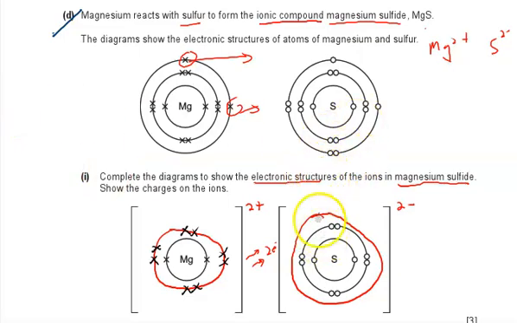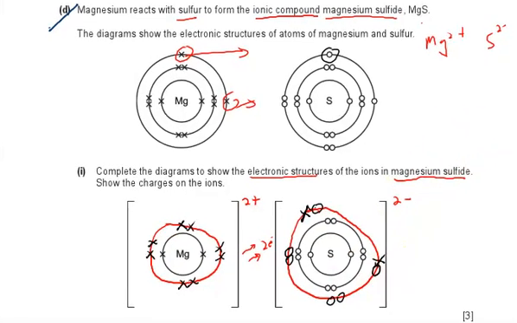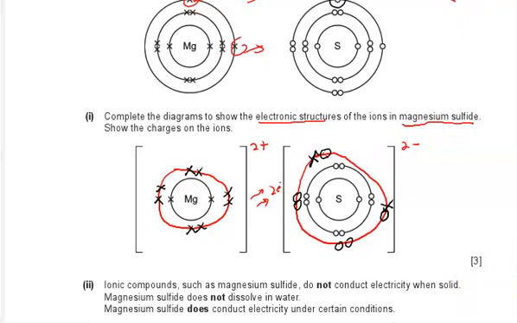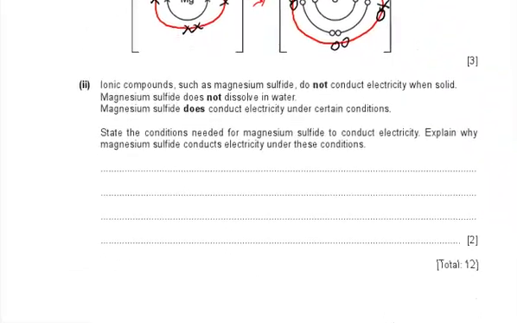Here will be 6 circles, 1 2 3 4 5 and 6, and you have a cross here and a cross over here. That makes them 2 negative. Okay, so this is the suggested answer for this question. It's 3 marks. Now we move on with the last one.